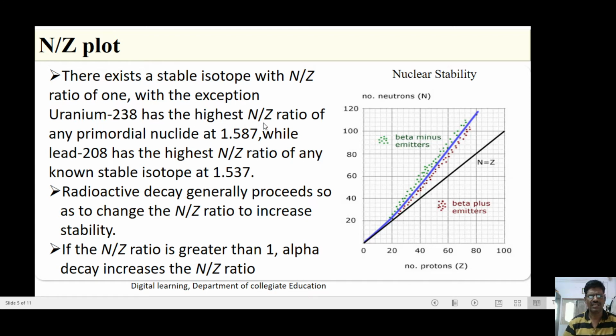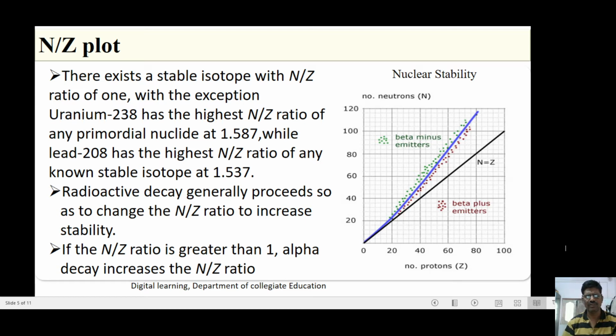Uranium-238 has the highest neutron-proton ratio of any primordial nuclei at 1.587, while lead-208 has the highest neutron-proton ratio of any known stable isotope at 1.537.